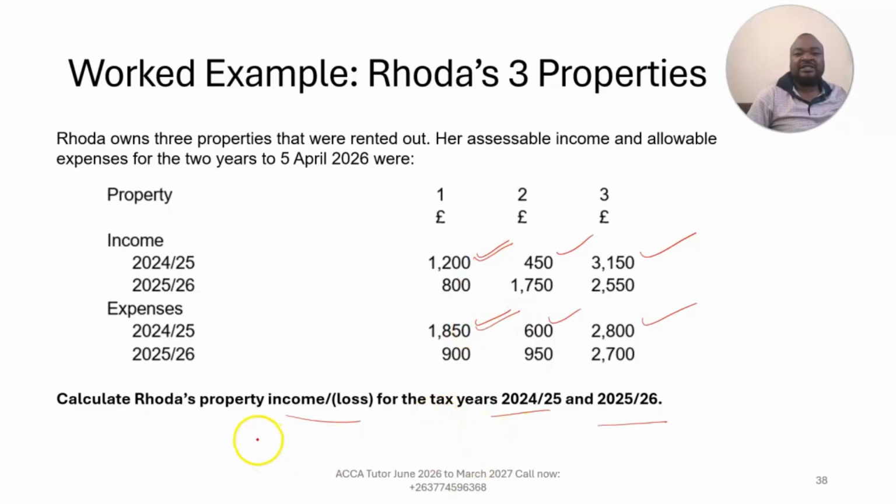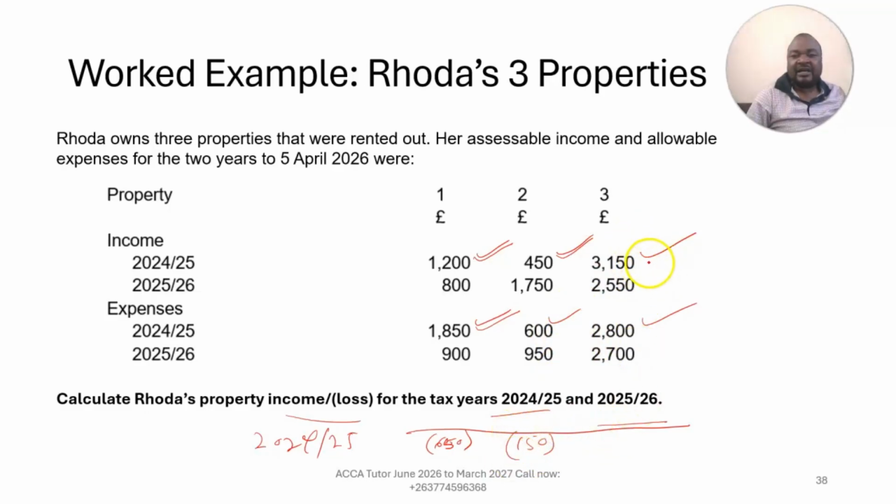So for 2024-25 we are having a loss there. 1,200 minus 1,850, that's a 650 loss, which is a negative. Then on property 2, we have 450 as income and 600 expenses, so there is a loss of 150.